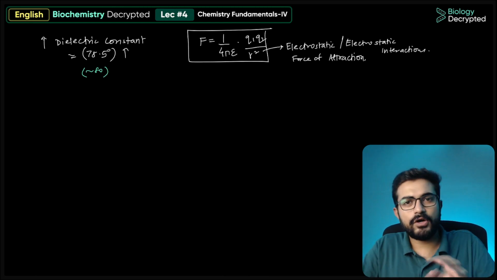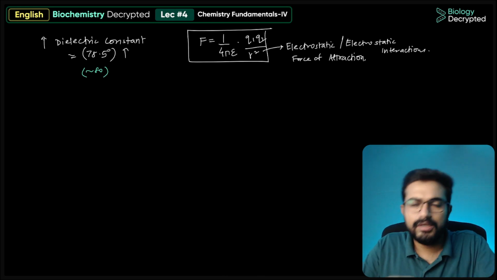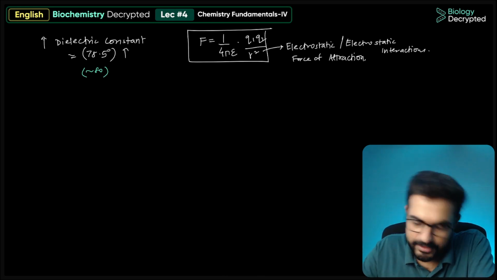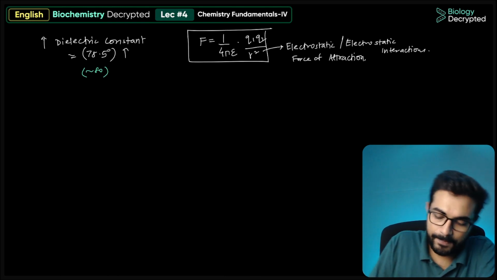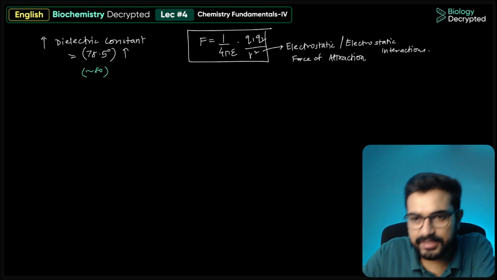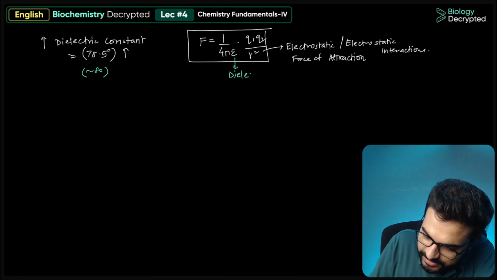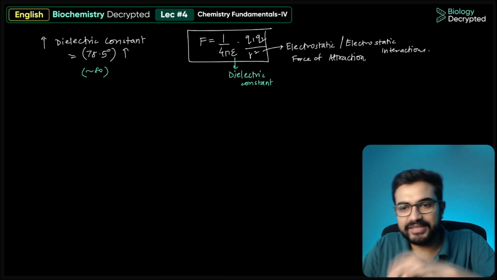If you talk about electrostatic force of attraction in general, we can say Coulomb's force. Now, what we see here is this particular term is the dielectric constant. And why does this matter?